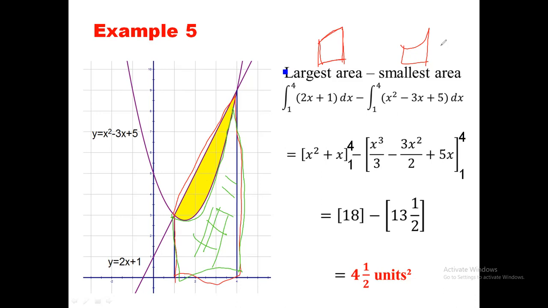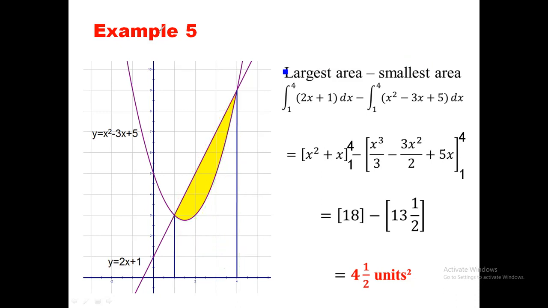So this particular process is the larger area minus the smaller area. Now, let me first erase so it would be clean. If I ask you, what would be the formula that you will use in determining the largest area? What formula will you use?